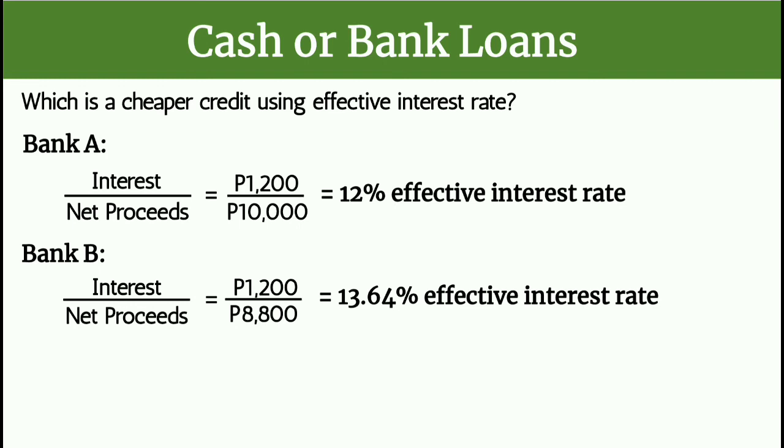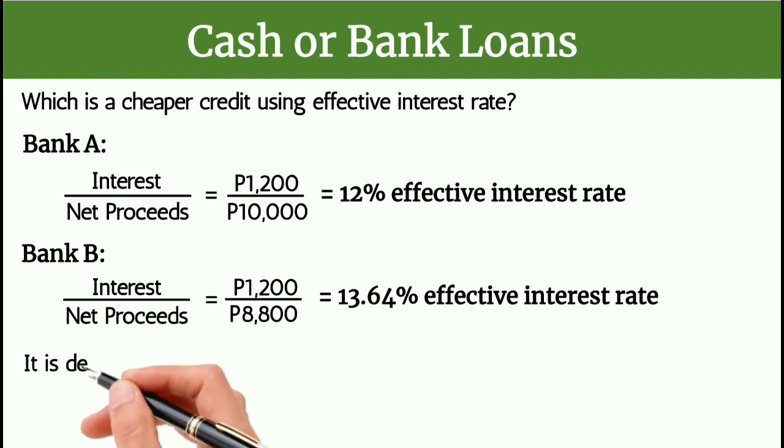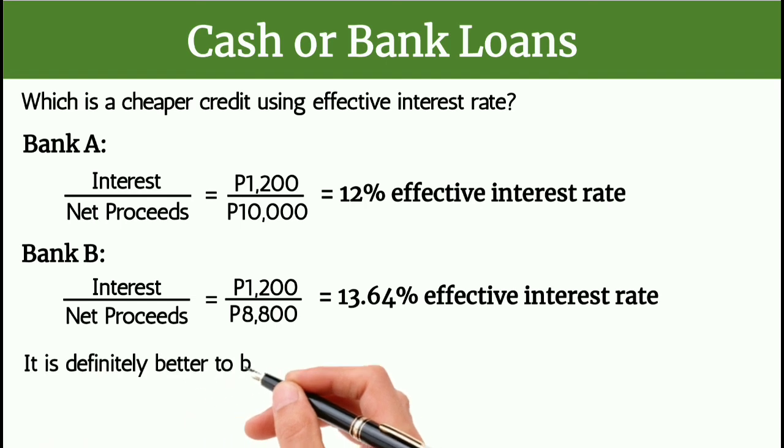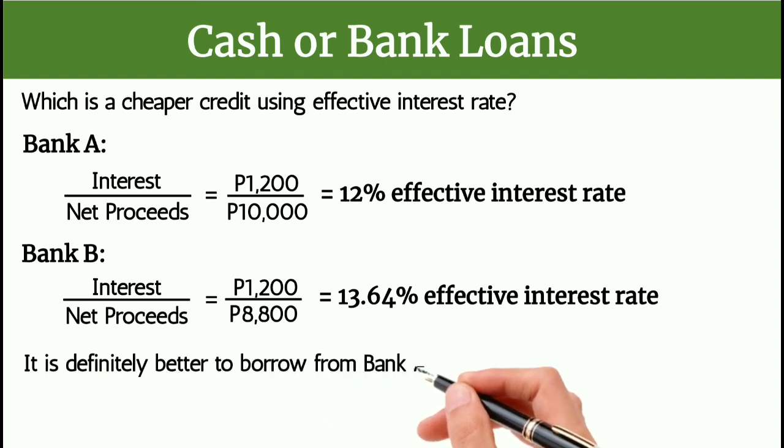As I said earlier, the effective interest rate is the true cost of credit. Since the effective interest rate in Bank A is lower than the effective interest rate in Bank B, it is definitely better to borrow from Bank A.